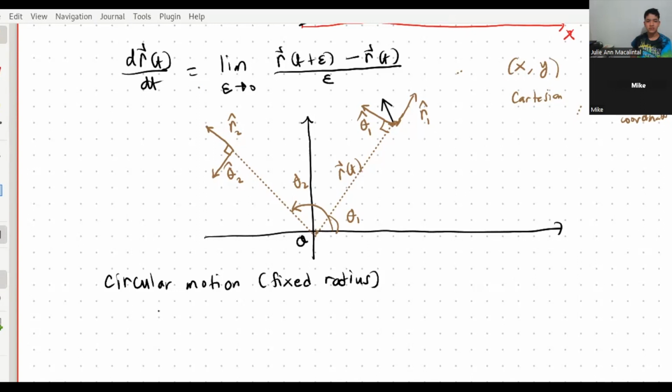So the way to do that is you can write down the position vector in this way. Kung ano yung radius, r cosine omega t plus delta i hat plus r sine omega t plus delta j hat, of some constant.